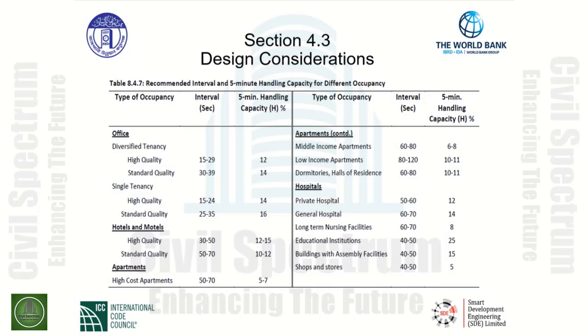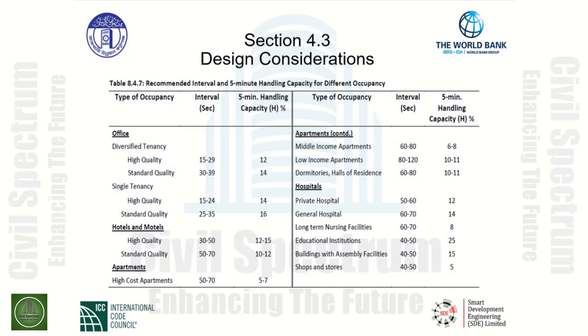Apartments that we use as residents are split up into high-cost apartments, middle-income apartments, low-income apartments, and finally dormitories and halls of residence.